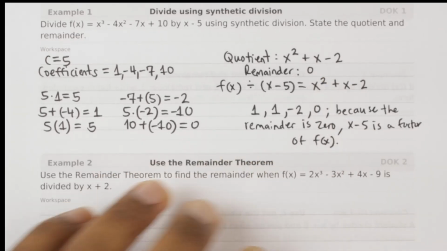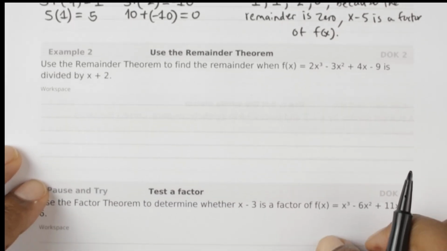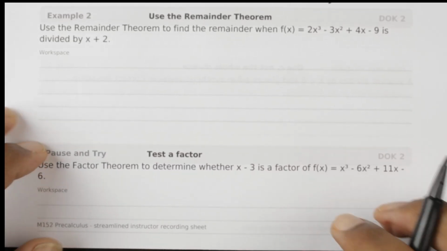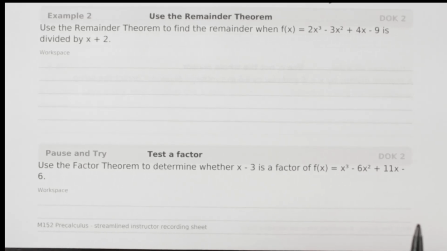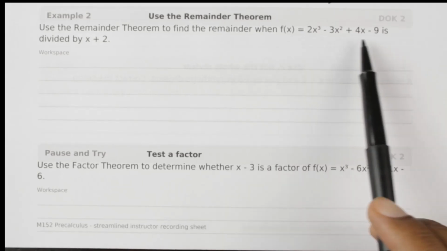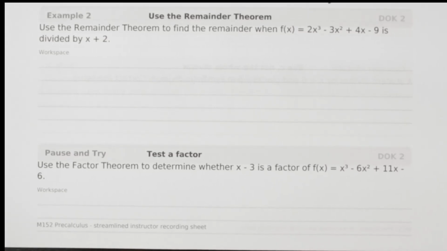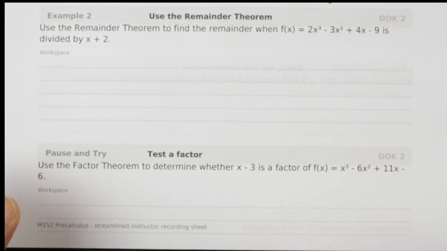Example number 2. Use the remainder theorem to find the remainder when f of x, this expression, is divided by x plus 2. The remainder theorem says that when we divide by x minus c, the remainder is f of c.